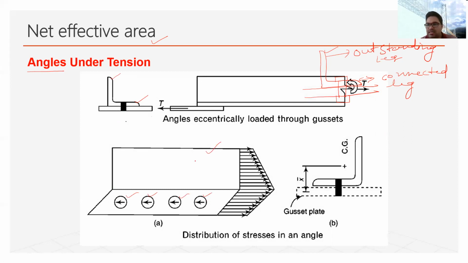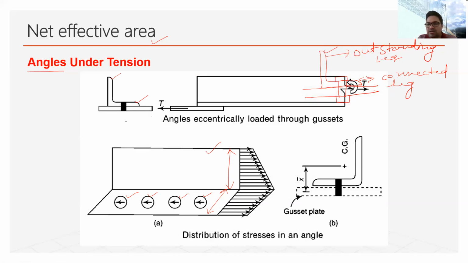The other leg is the outstanding part and it is not connected. So the force will be higher in this leg, but lower in the other, which means we are not able to use the cross section of the angle effectively. Because of that, there is a phenomenon which occurs, called shear lag. We will see that shear lag in the next slide.